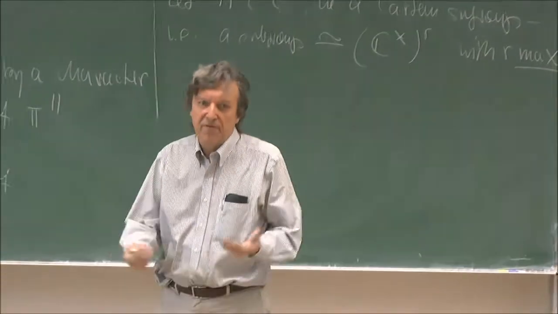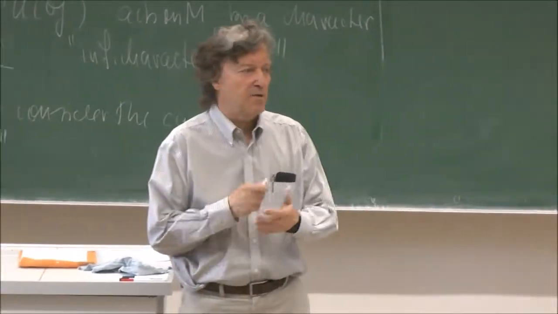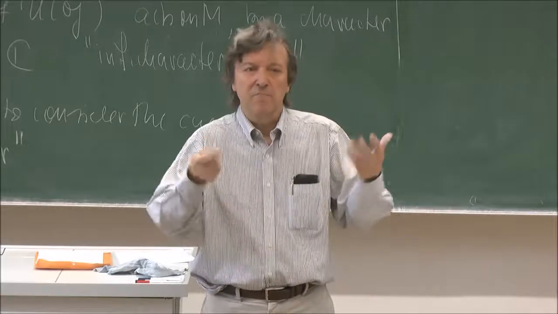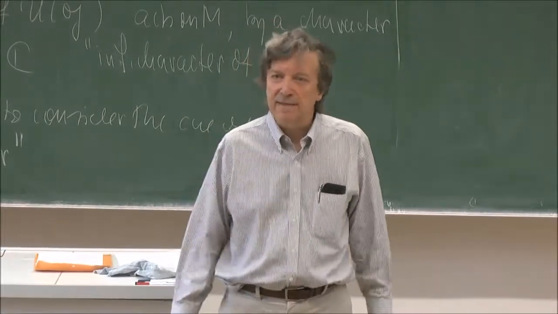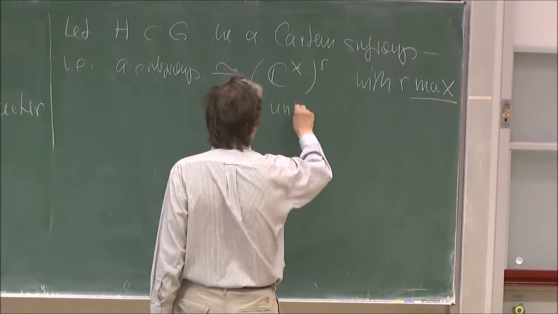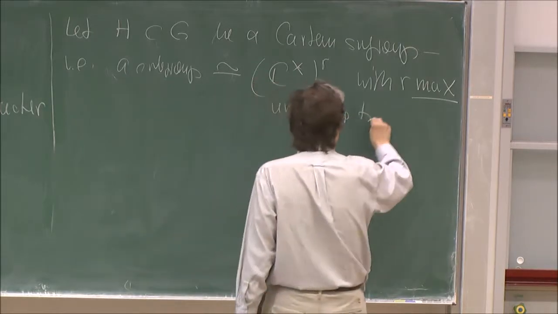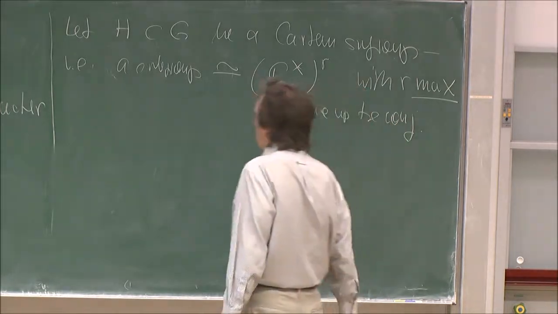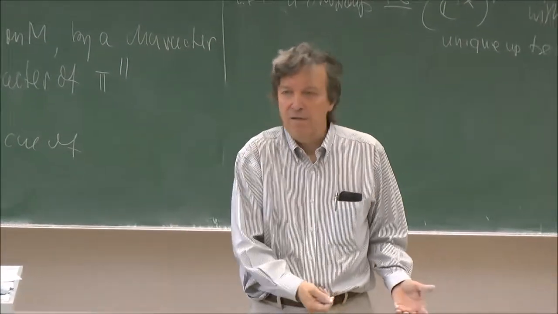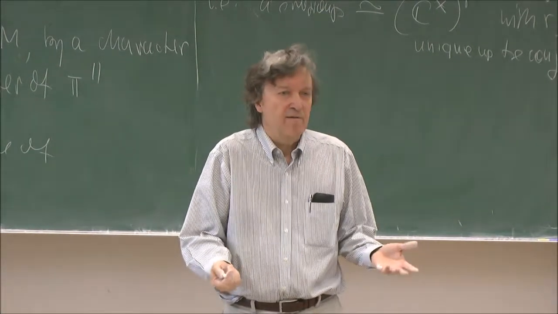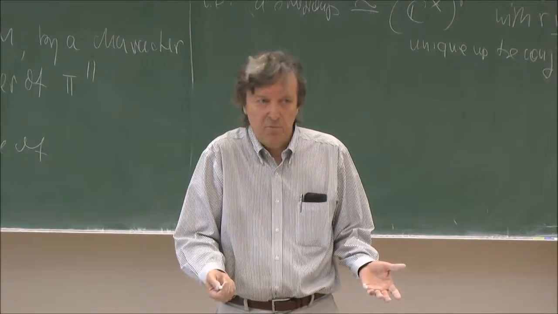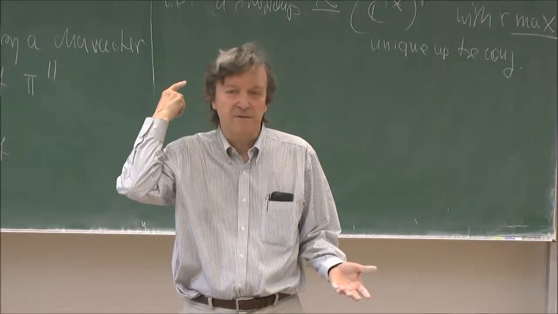So that is a perfectly good definition, right? We're looking at algebraic subgroups of the form C star to the R, with R maximal. If you have it, then that's a compound subgroup, and it obviously exists and is unique up to conjugacy. Let me remark that one also has the notion of a compound subgroup of G_R, and a quick way to define that is a Lie subgroup whose complexification is a Cartan of the complexified group.